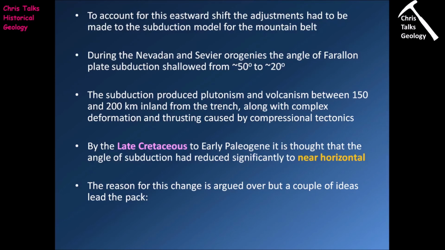It also means that the area which is being deformed by the interaction between these two pieces of crust is now considerably larger, because rather than all the pressure being focused towards the subduction zone, it's now spread out along the entire bottom of the western side of the North American plate.